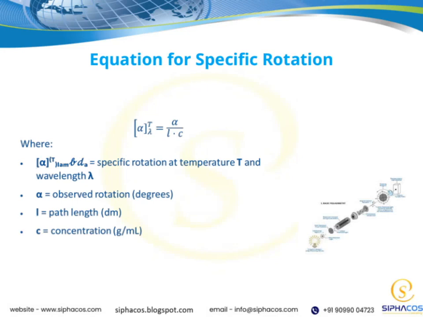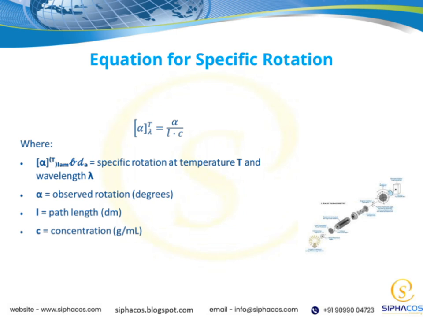Let's take a closer look at the equation for specific rotation. This equation is fundamental in understanding how chiral compounds interact with polarized light. Essentially, it allows us to quantify how much a substance can rotate the plane of polarized light, which is key in stereochemistry and optical activity studies.